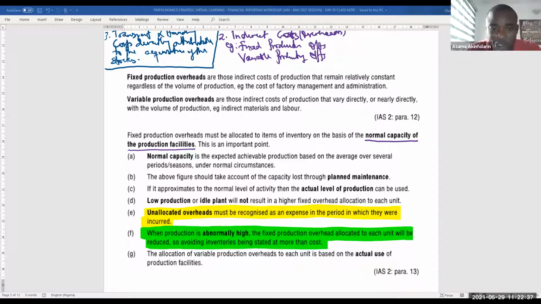Meanwhile, I feel if it is a period cost, it will be a cost that, though it is for the inventory, can be specific to a particular length of time. For example, a factory or maybe a warehouse cost for a particular period of time can be said to be a period cost because you may not directly attribute it to a unit of the inventory.